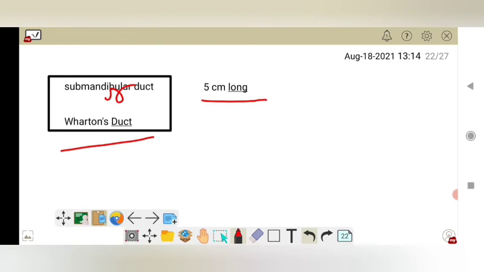It begins in the middle of the superficial part of the gland, little behind the posterior border of the mylohyoid muscle, and duct passes at first upward and backward for about 4 to 5 mm and then runs forward and upward through a deep part of gland, mylohyoid and hyoglossus, and then in between the sublingual and genioglossus, and finally opens into the floor of the mouth, that is sublingual papilla on each side of the frenum linguae.